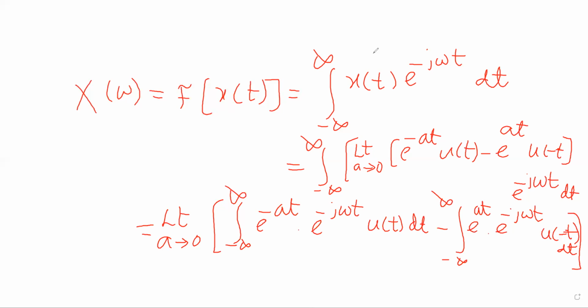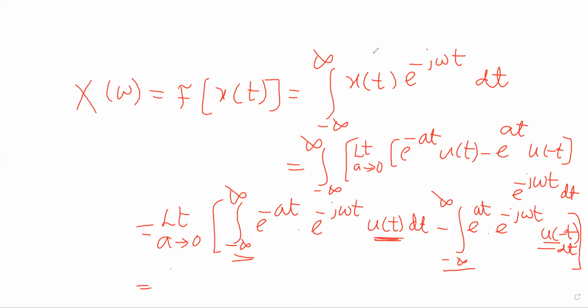Now, since there is a unit step function u of t, the limits change to 0 to infinity, and the value of u of t is plus 1. Similarly, the value of u of minus t is equal to plus 1 for the limits minus infinity to 0.